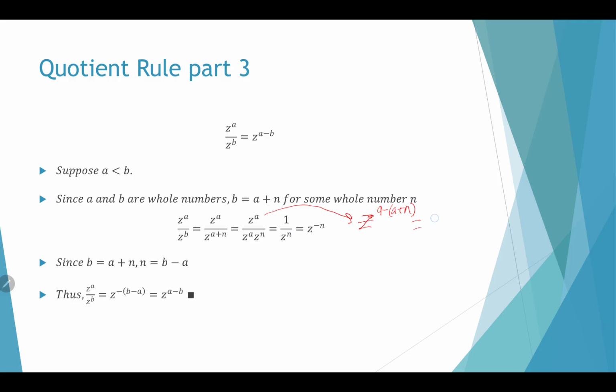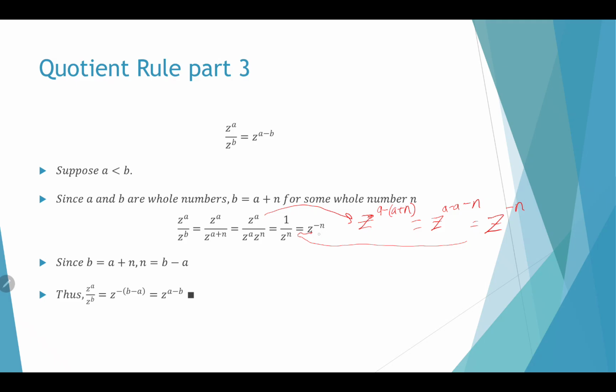That distributes, so z to the power of a minus n, and we can see that that is going to just be z to the power of negative n, which gave us this property, these two.